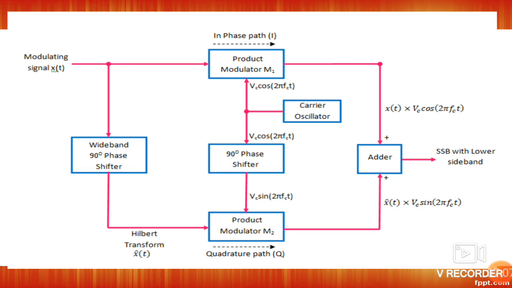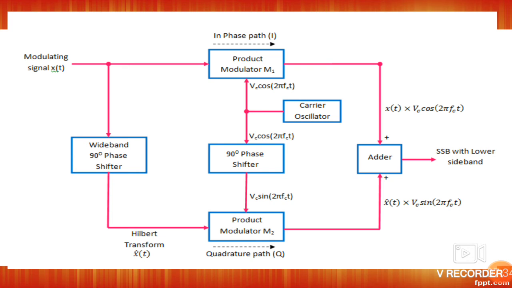So these two are given as the input of product modulator 1, and the output of the product modulator is a double sideband suppressed carrier waveform. In the lower part we have product modulator 2. Here the input signal x of t is given a 90-degree phase shift by using the Hilbert transform, and x of t is converted to x cap of t and given as one input of product modulator 2.